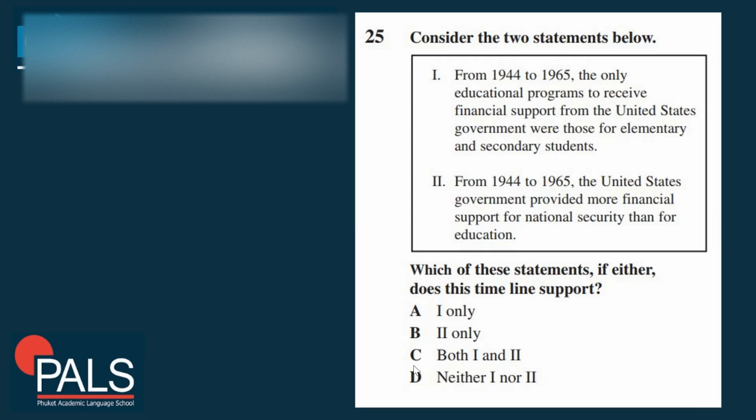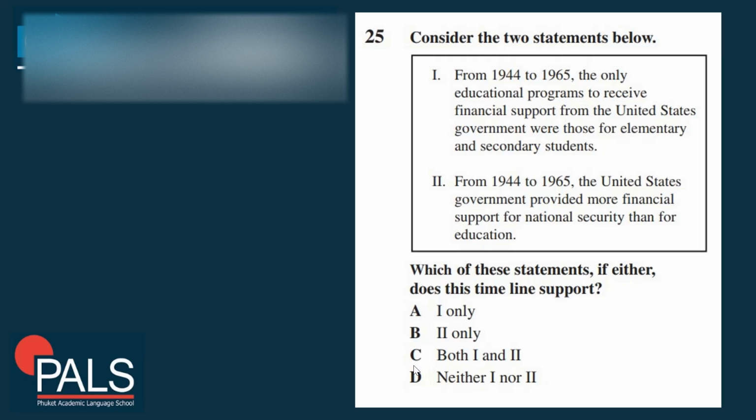25. Consider the two statements below. We want to look at the bold beneath it so we can understand it as we read it a little better in context. Which of these statements, if either, does this timeline support? So the timeline is about education. Option 1 says, from 1944 to 1965, the only educational programs to receive financial support from the United States government were those for elementary and secondary students. 2.